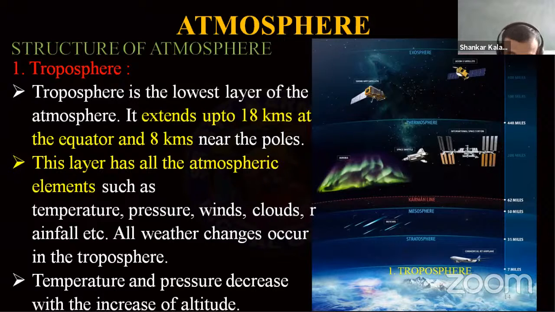This is the reason why hill stations have a cool climate during the summer season. What is the reason behind that? For every 16 meters above the Earth's surface toward the sky, the temperature decreases by 1 degree Celsius.